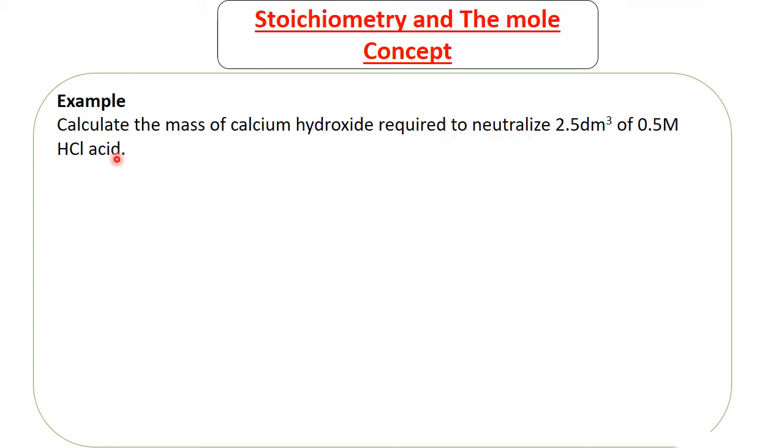By now, since we did acids and bases, we should be able to write the equation for this neutralization reaction. It's not always that you can be given, but here, of course, it has been given. So this is the reaction. Calcium hydroxide reacts with hydrochloric acid to form calcium chloride and water.